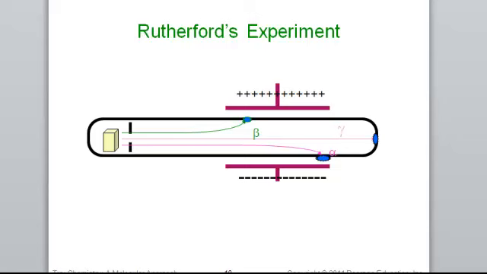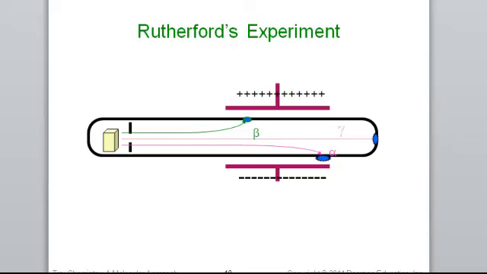So if this is a source of radiation here to the left of the slide, it's going through an opening in a cathode ray tube, and as he separates out based on charge, notice on the top there's a positive field, and on the bottom there's a negative field, and straight across is no attraction at all. So what this slide is showing us is that there are three different categories of radiation.